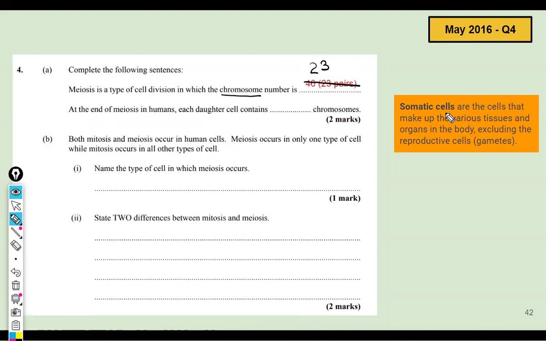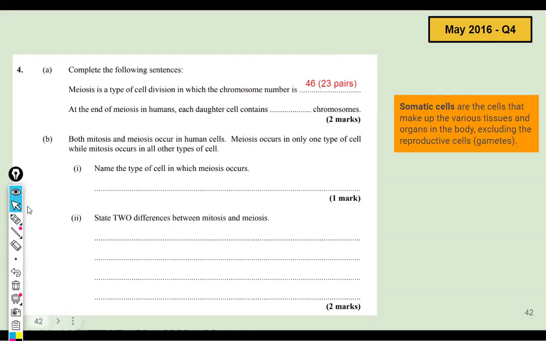At the end of meiosis in humans, each daughter cell contains how much? Let me read this question properly. All right, I think this question is stated a little bit vague.